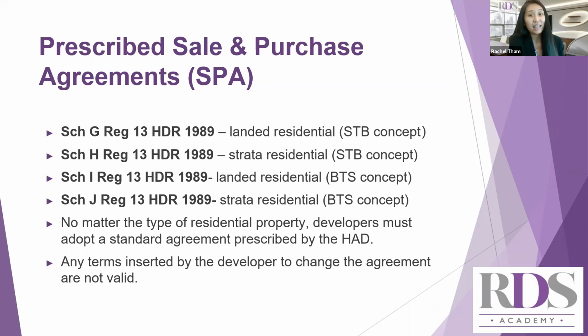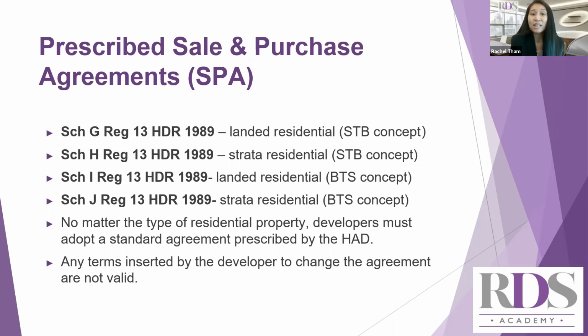When you complete the purchase, the plot of land and building will be under the home buyer's name. Whereas Schedule H, which is for strata properties, is more complicated than the earlier Schedule G, as it includes the ownership of common properties and your rights to them. Hence, both Schedule G and H are in the STB concept, which is the sell then build concept.